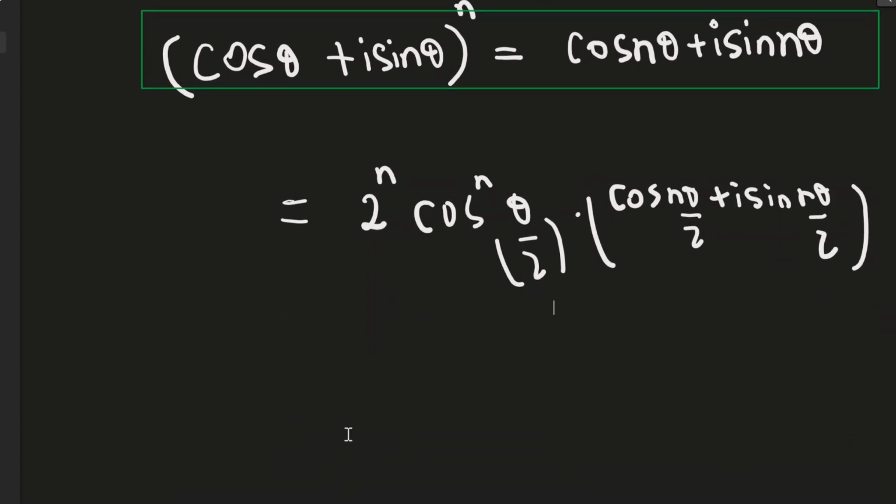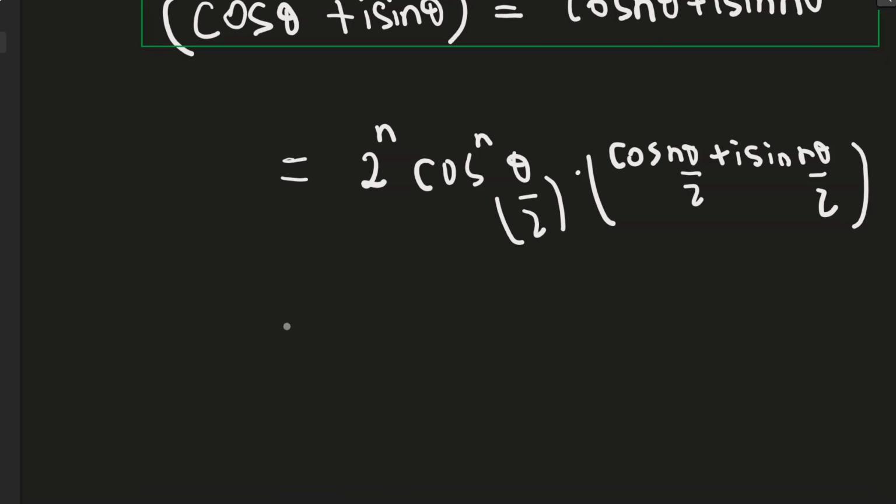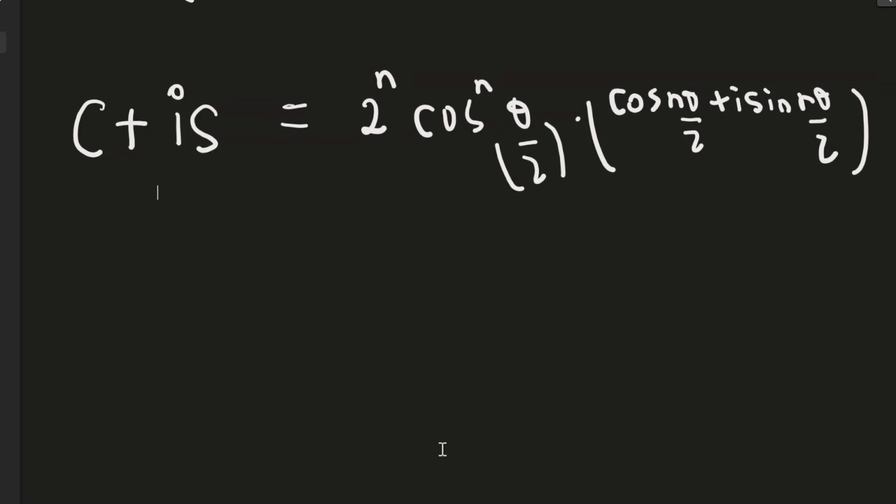And we're just done with the problem. Why? Because remember that whatever we have simplified is nothing but C plus iota S, and all we have to do is compare the imaginary and real part on the right and left hand side.